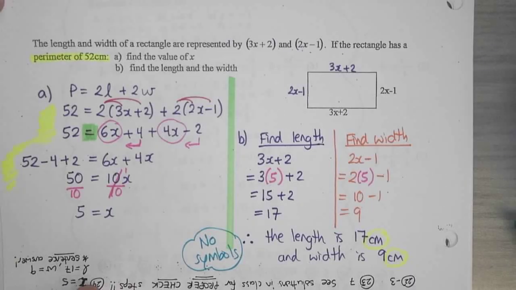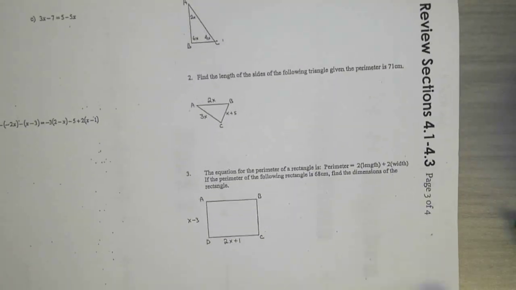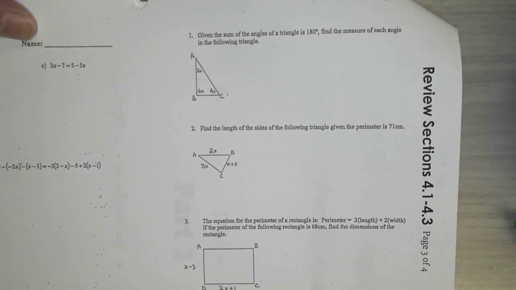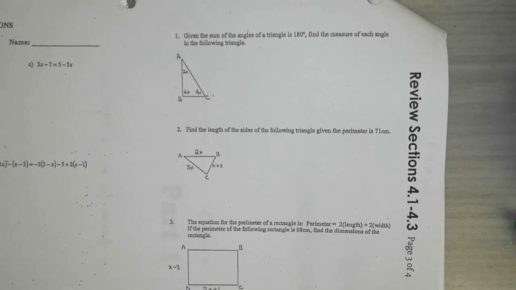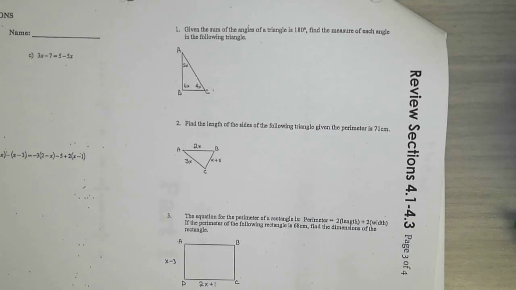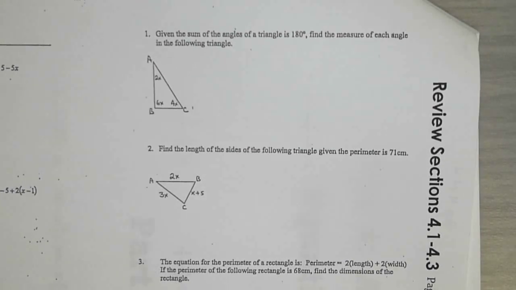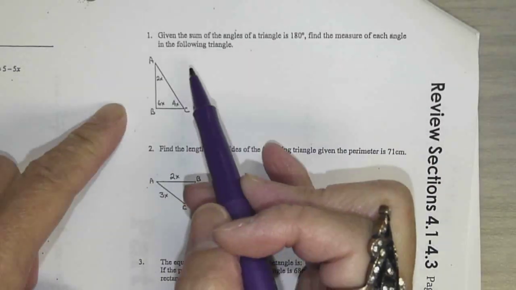Okay, so let's practice a few more. On this page here, again, some more review questions that we gave you. We're given the sum of the angles of a triangle is 180. Find the measure of each angle in the following triangle.